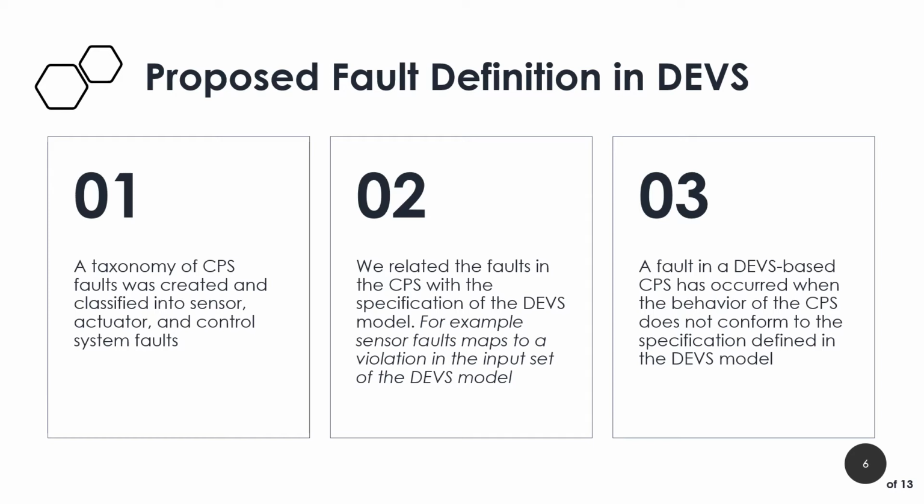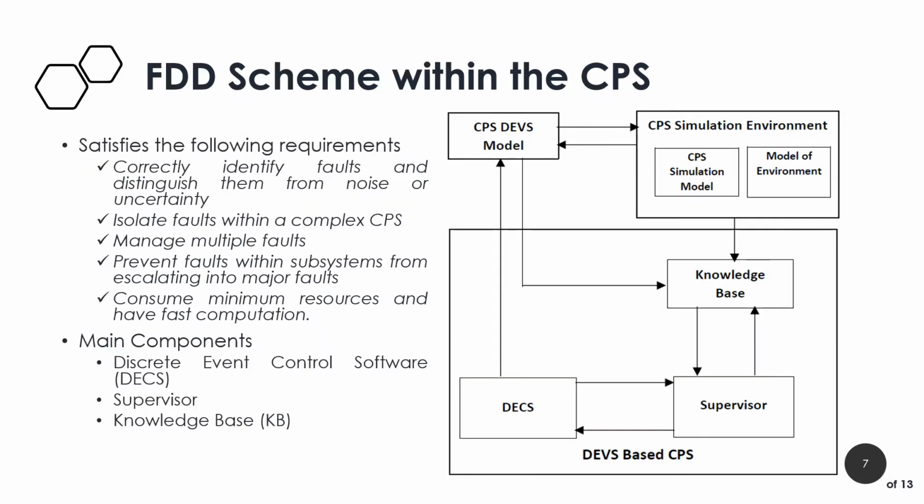For example, we say a sensor fault maps to a violation in the input set of the DEVS model. That being said, a fault in a DEVS-based cyber-physical system has occurred when the behavior of the cyber-physical system does not conform to the specification that we defined in the DEVS model.